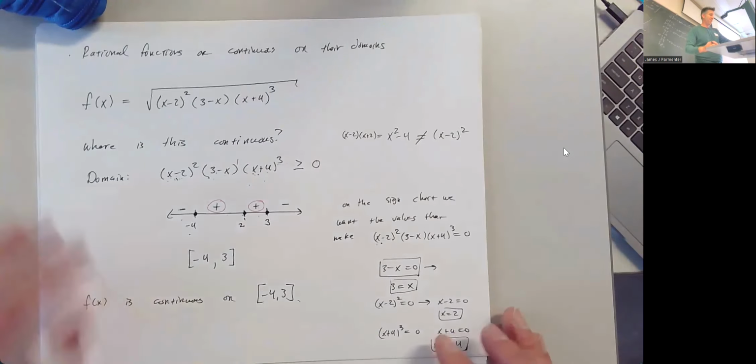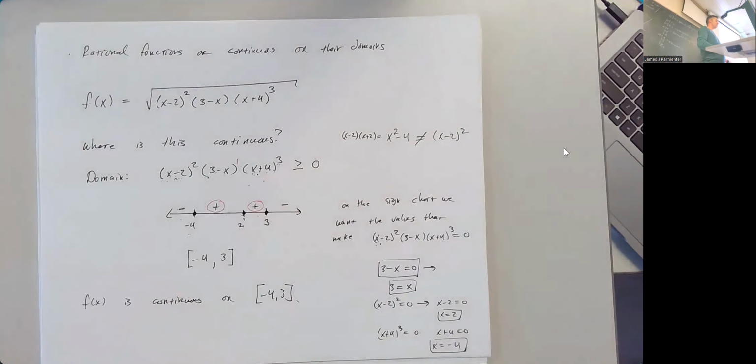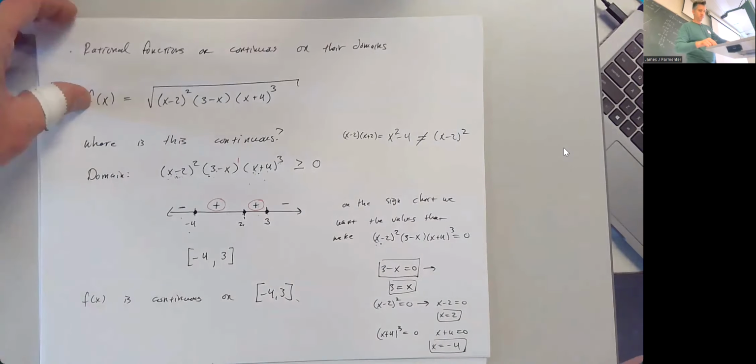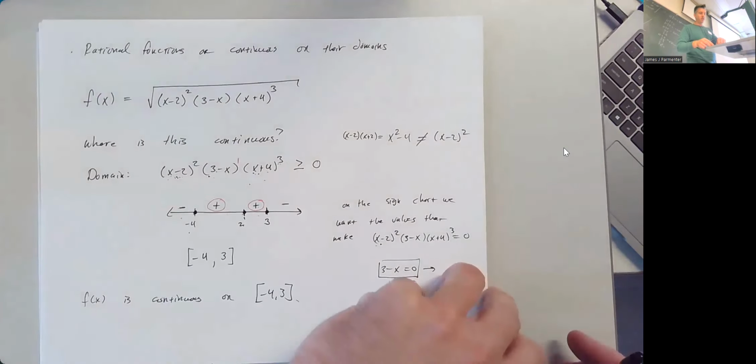However, there's a lot more to say about continuity. In fact, let me grab this one. So when someone asks you where a function is continuous, the question they're really asking you is, where is it not? So let's look at an example. Sure, let's look at this function.